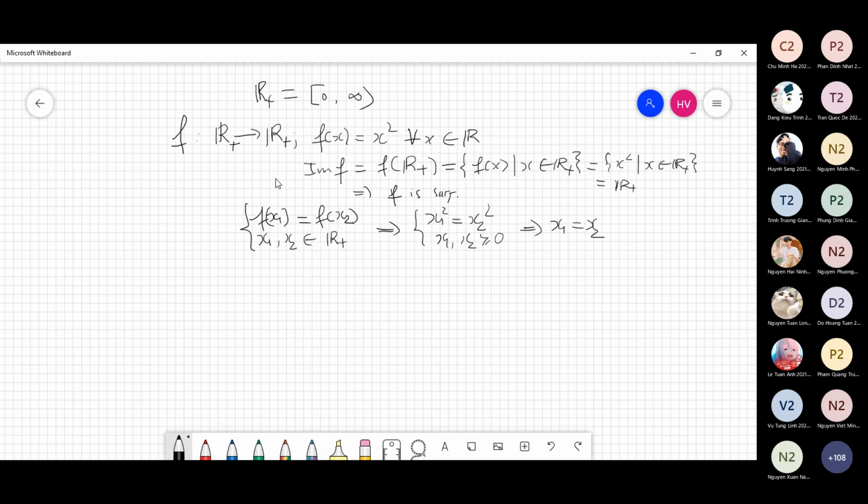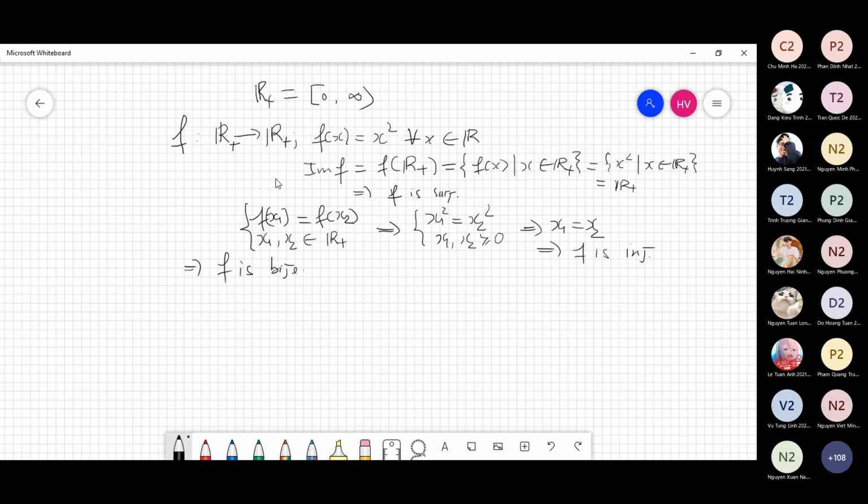So whenever you have x1, x2 in the domain R plus and f(x1) equals f(x2), then you obtain x1 equals x2. By definition, f is injective, and therefore f is bijective.